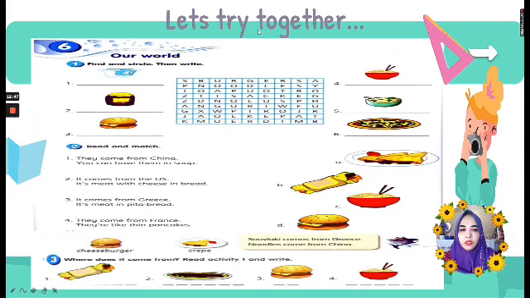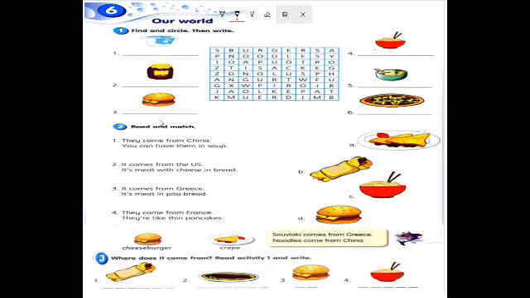Let's try together. This is the worksheet that I'm going to put in the Telegram group. You can either copy or print it and paste it in your R book. You don't have to draw, and you write the answer here. You don't have to do the puzzle here, but if you print it, you have to do the puzzle here.